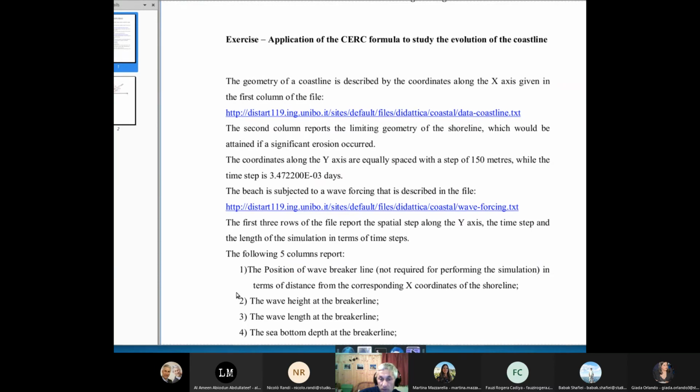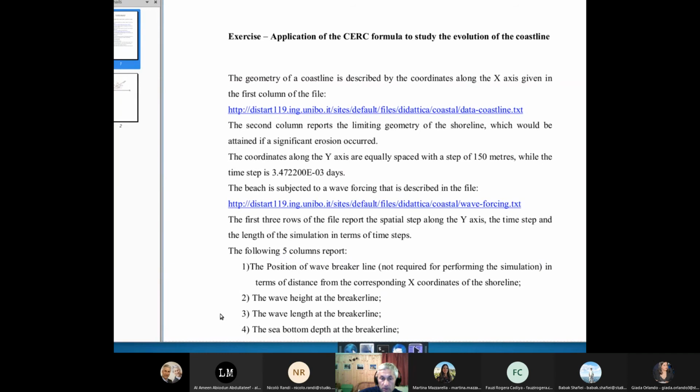The following 5 columns report the position of the wave breaker line, not required for performing the simulation, in terms of distance from the corresponding x coordinates of the shoreline. Second column, the wave height at the breaker line.